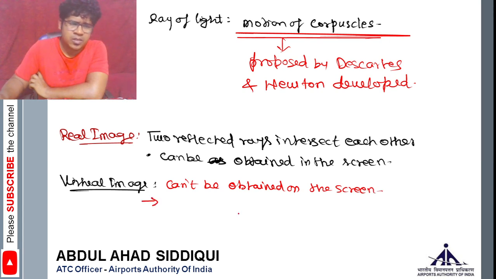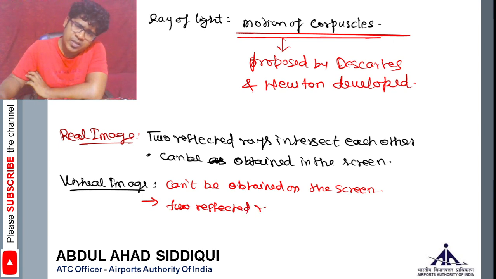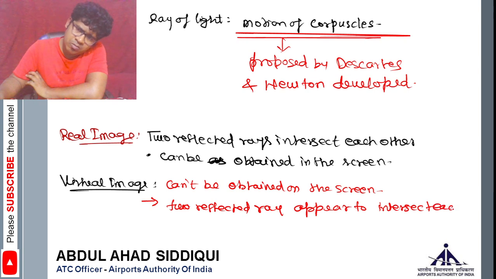Second thing is, two reflected rays appear to intersect each other. They don't really intersect each other.